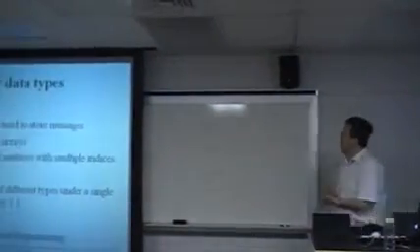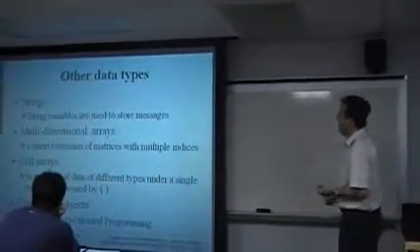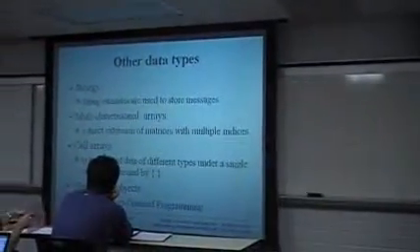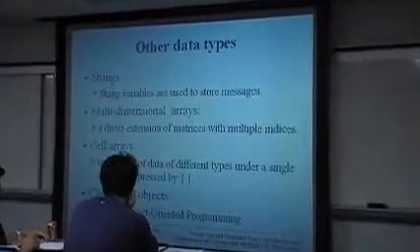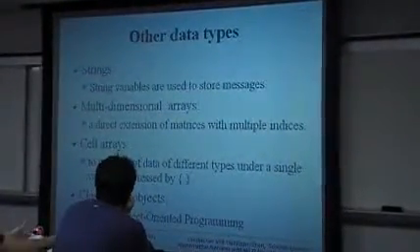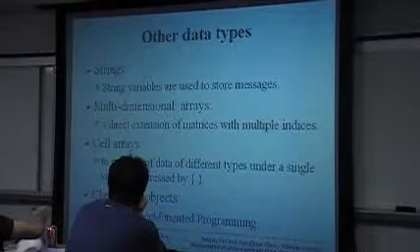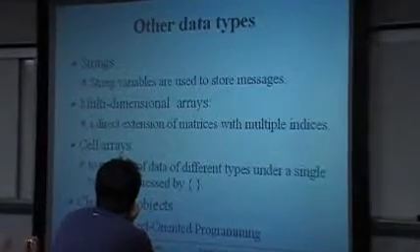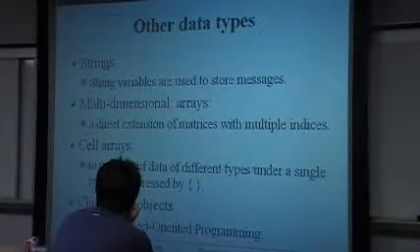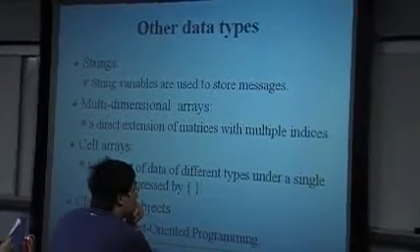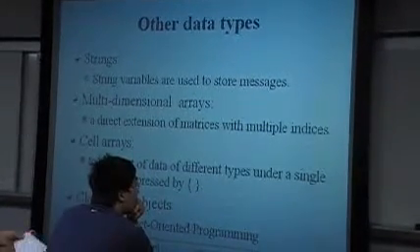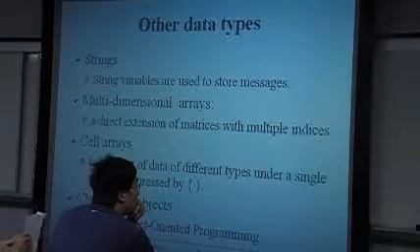And also, we can use the cell array. I shall explain it later to you when I use them. And the other one is also very interesting, the classes, which is useful in object-oriented programming. I don't know whether you have used the LTI in control, the transfer function in control.